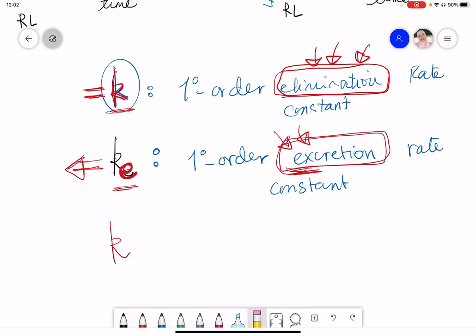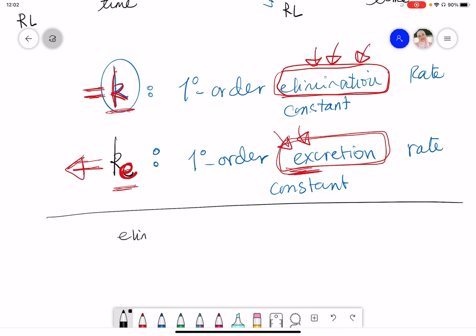Let me give you a note before we go into the metabolism rate constant. When we said elimination as a process, it's both excretion and metabolism, right?